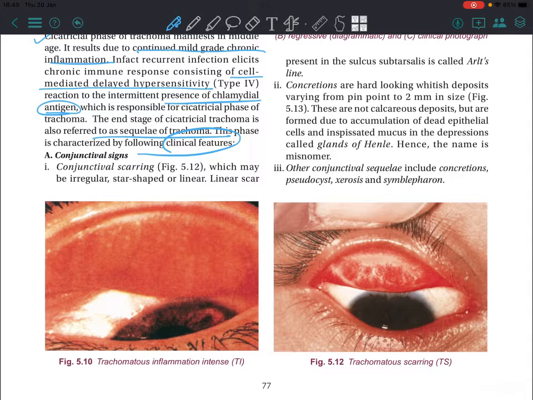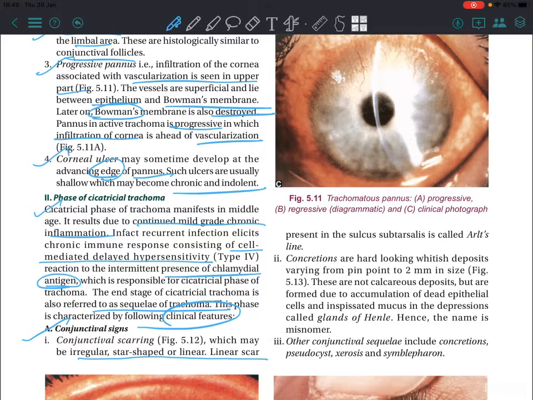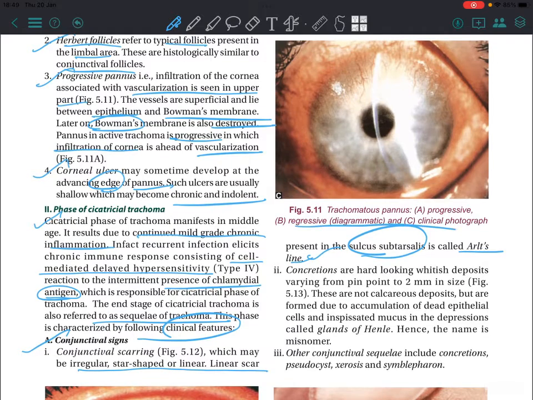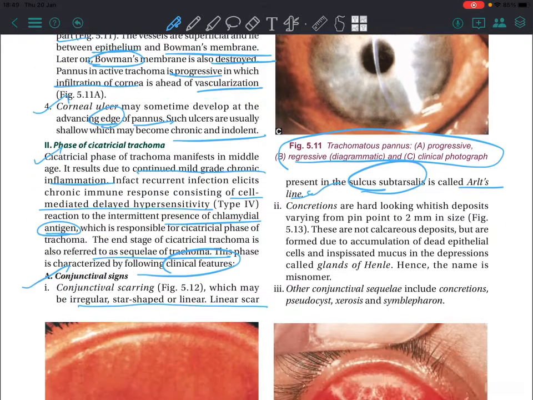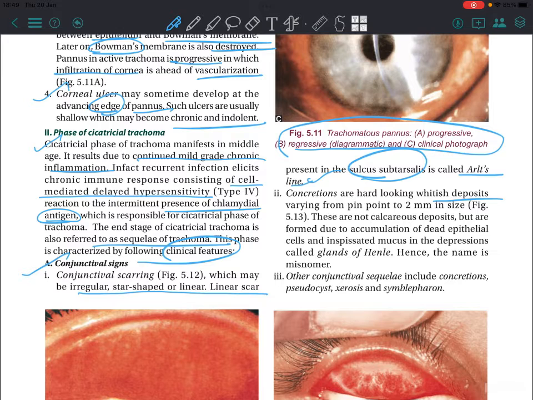This phase is characterized by the following: conjunctival scarring, which may be irregular, star-shaped or linear. A linear scar present in the sulcus subtarsalis is called Arlt's line. Concretions are hard-looking whitish deposits varying from pinpoint to 2 mm in size.